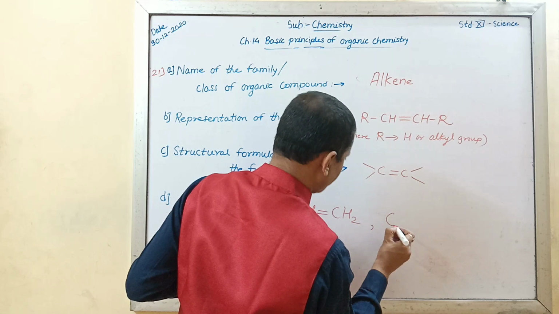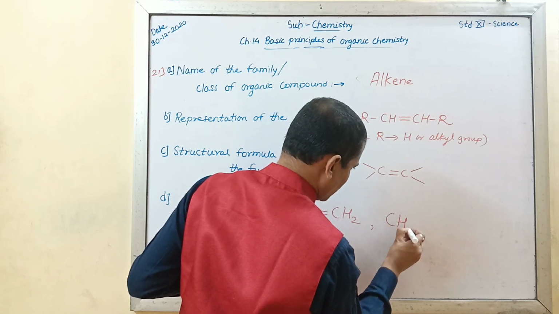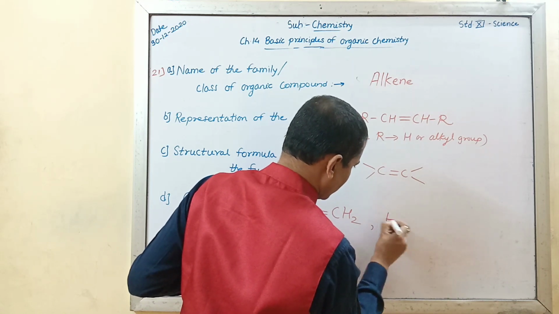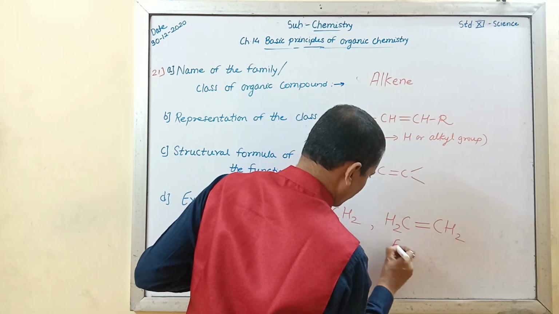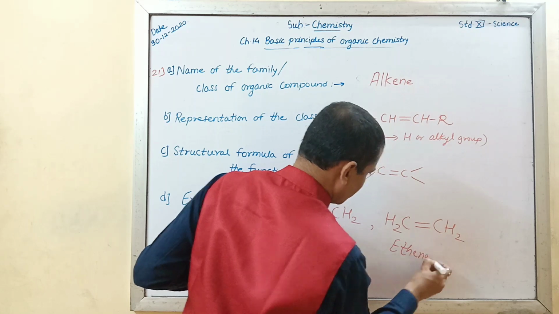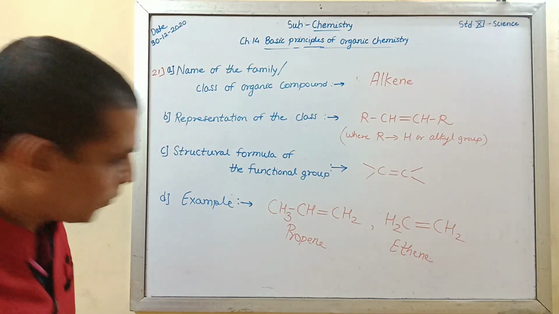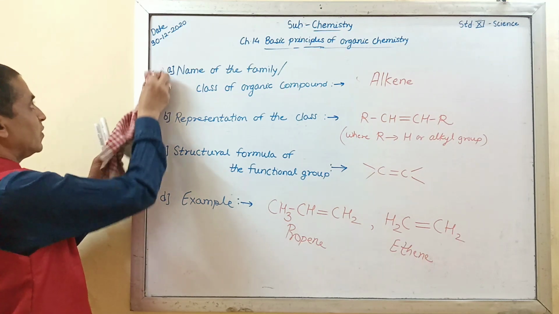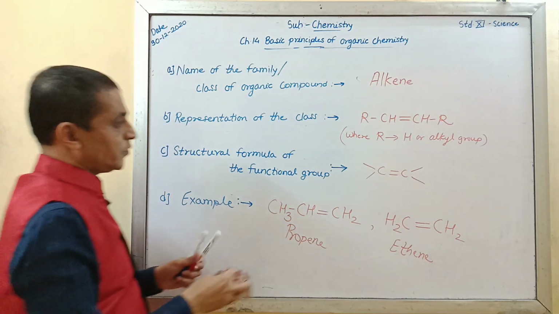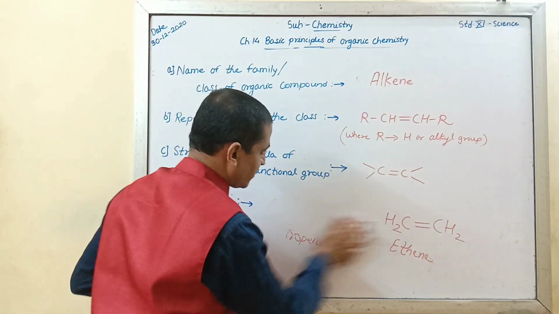Take one more example: H2C double bond CH2. It is what? Ethene. Ene means what? Double bond. Note down this. Now we will proceed to the next.